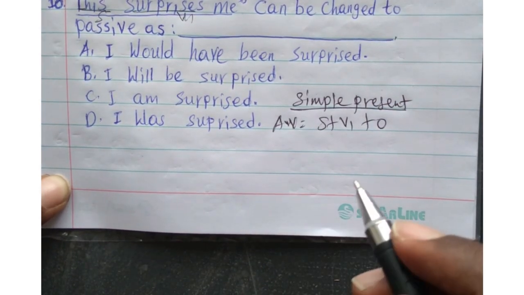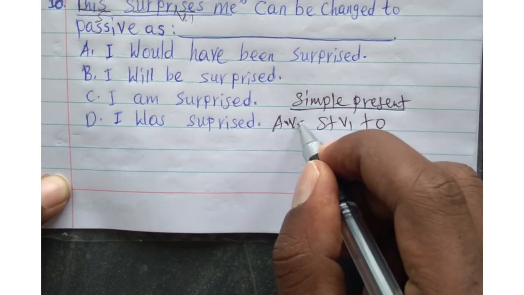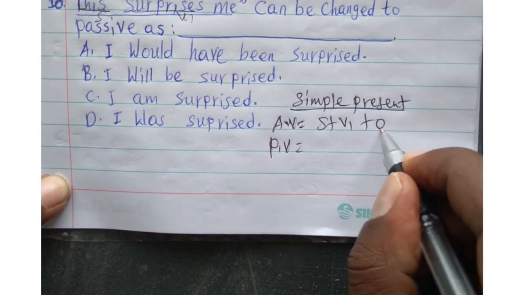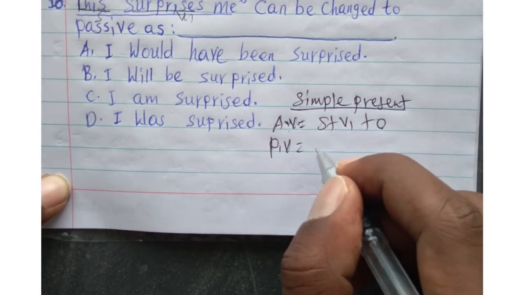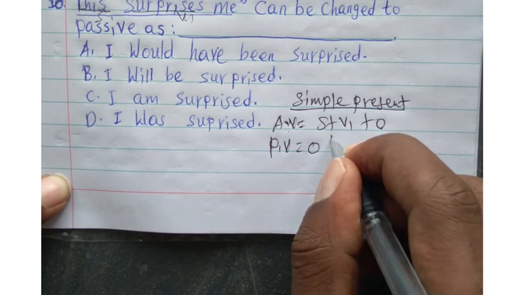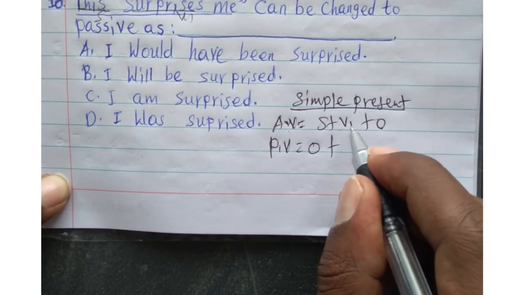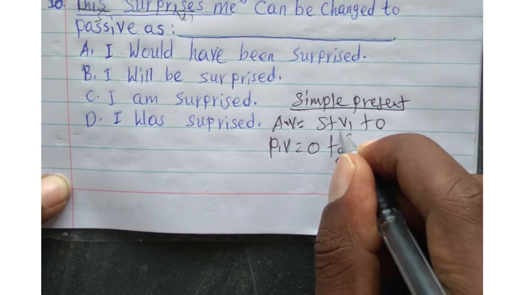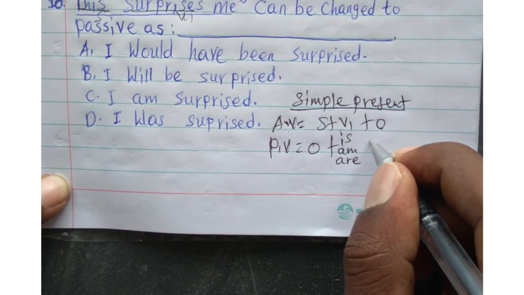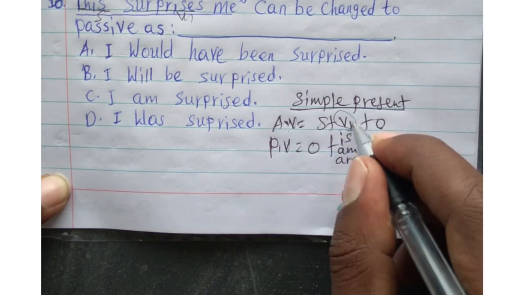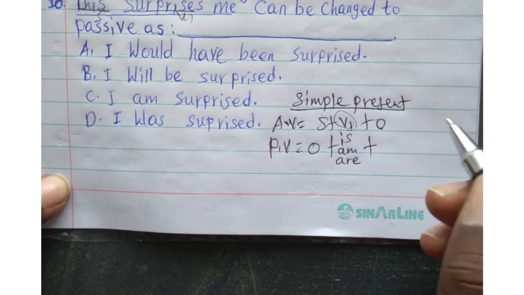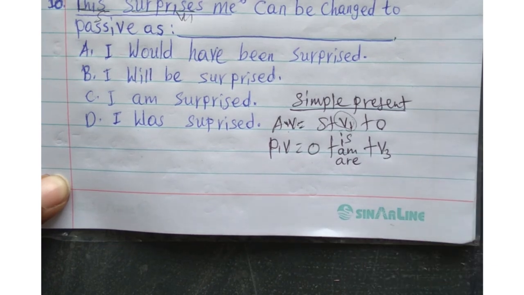And when you are changing one sentence written in the active voice to passive voice, the object in the active voice will be the subject in the passive, plus the verb to be, is, am, are, used in the present form, and then the past participle form, or the verb 3 form, of the given root verb.